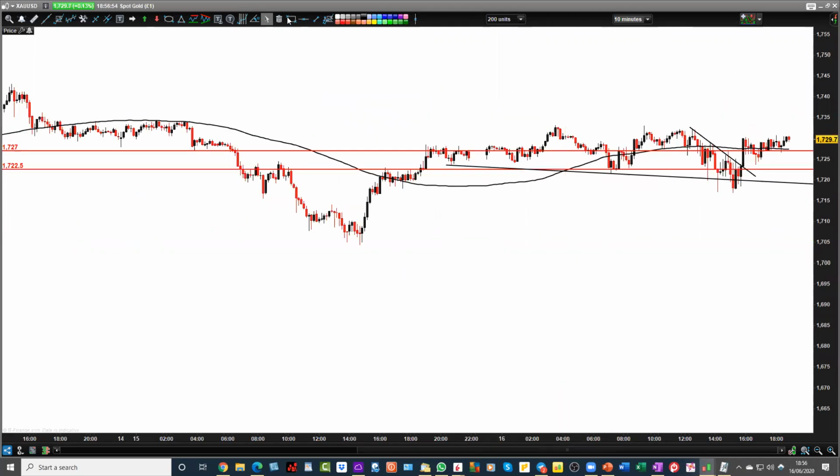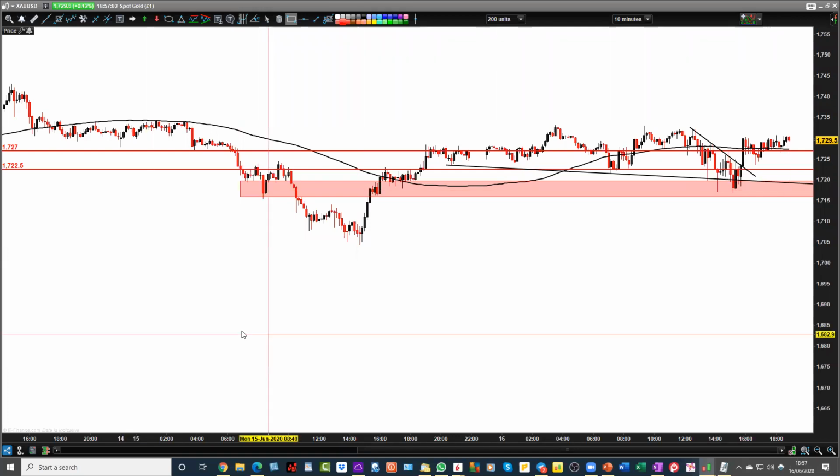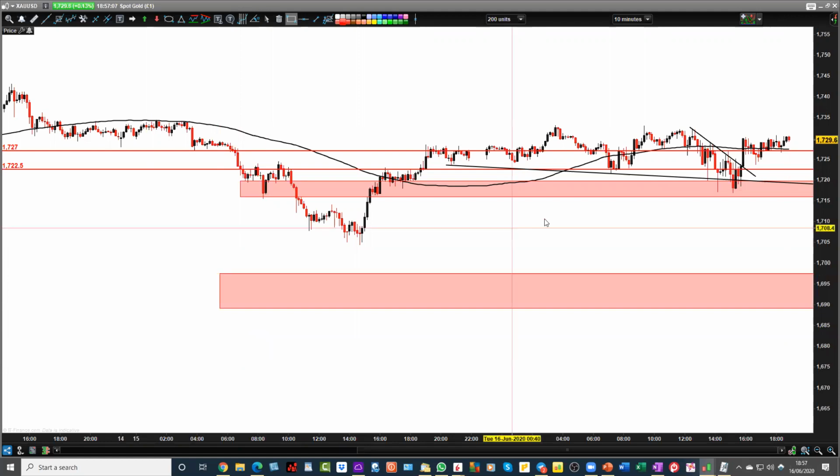So I suggested everybody gets in down here, with the stop down here because it's a swing trade. The guys could have traded it as a day trade. Like I said, we're 10 bucks up from the call.